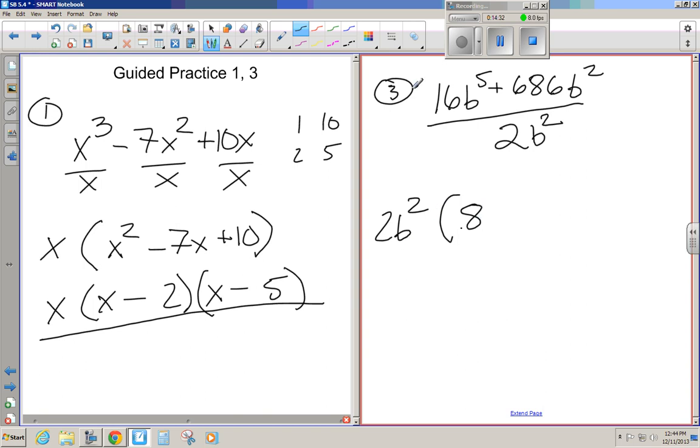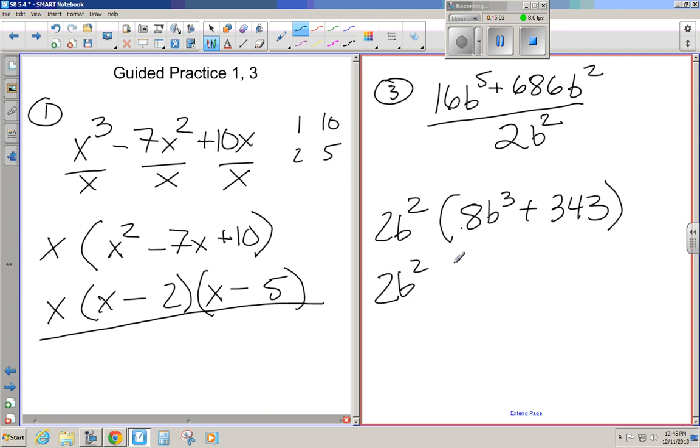And inside, 16 divided by 2, subtract those numbers becomes b cubed plus 343, which I think is a perfect cube.